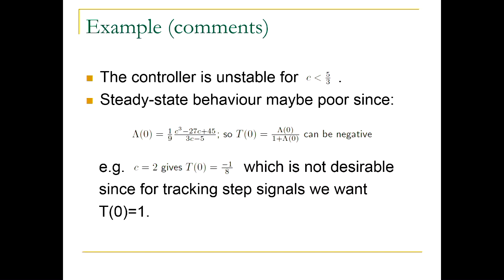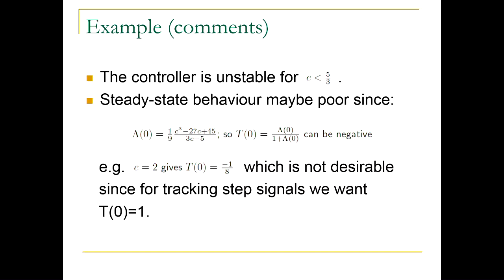Now, note also that when we look at the open loop, what is this lambda 0? This is basically the product of the plant and controller transfer functions. That's like the open loop transfer function, evaluated at 0, equal to this. In other words, the complementary sensitivity transfer function evaluated at 0 is equal to this.